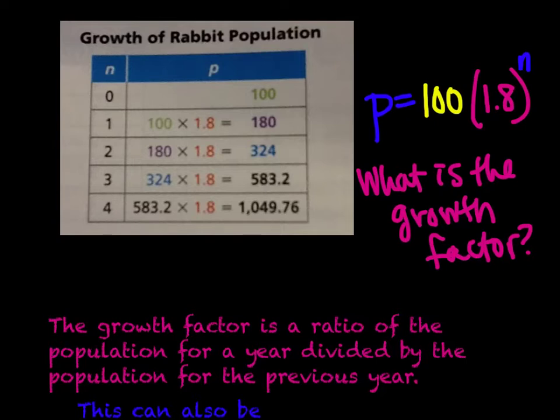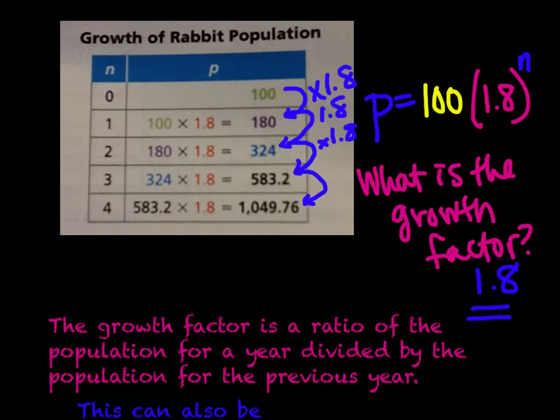So we found that essentially there was a 1.8 growth factor every single year that passed for these bunnies. So the growth factor, we can say, is 1.8.